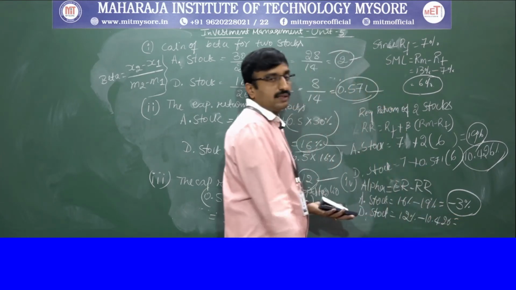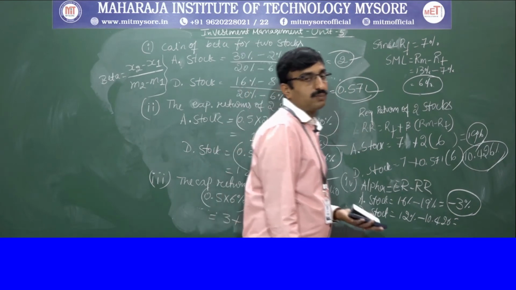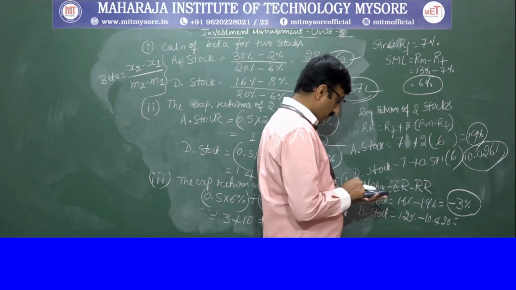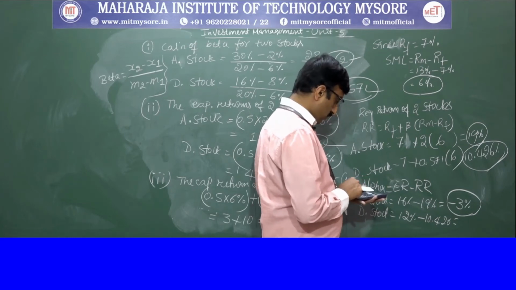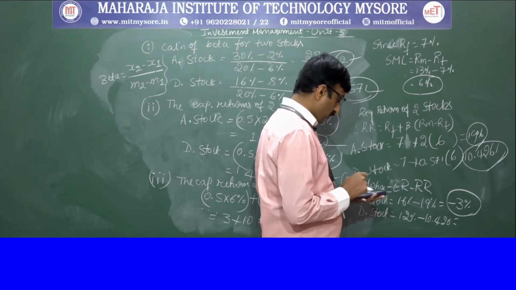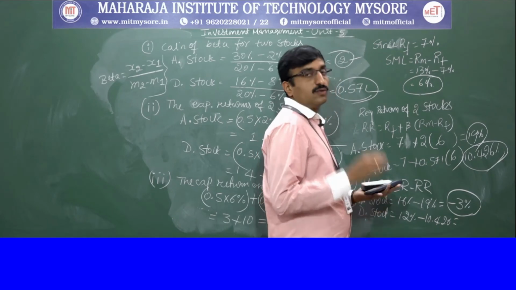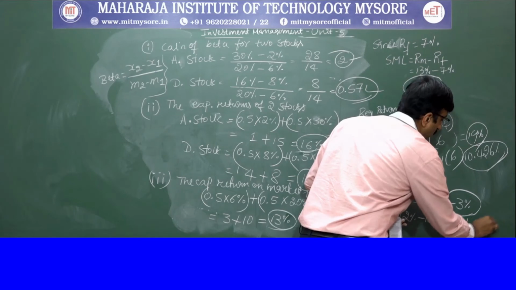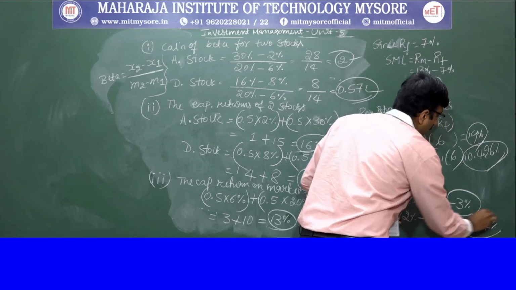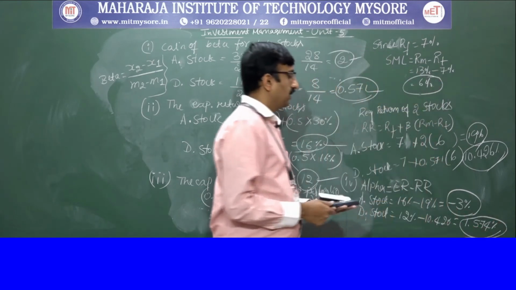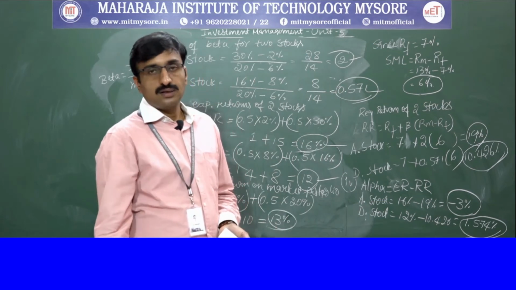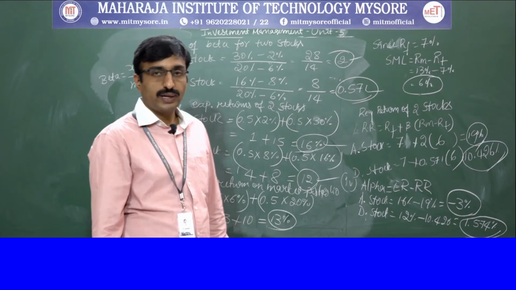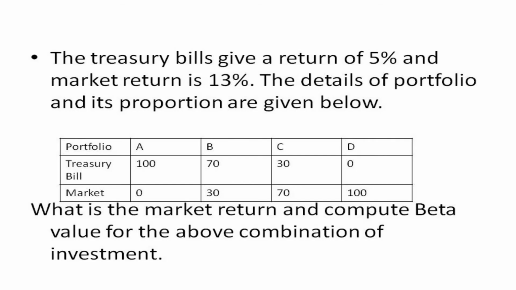If you do 12 minus 10.426, you will get approximately 1.574%. This is the calculation of alpha. It's another variety of problem on beta calculation. Got it? Yes.